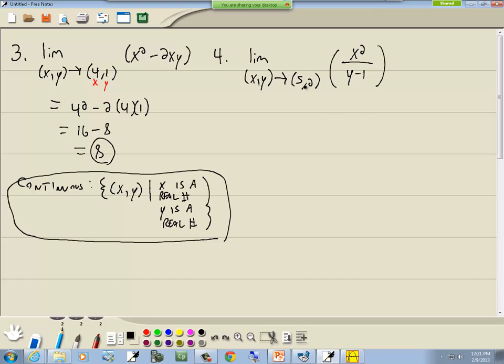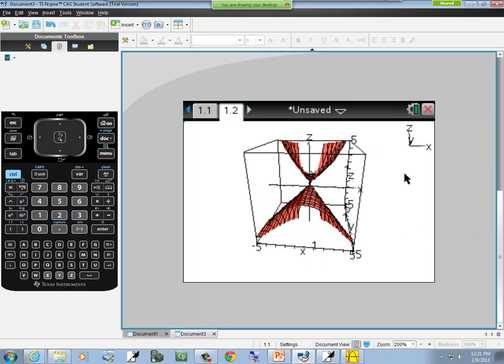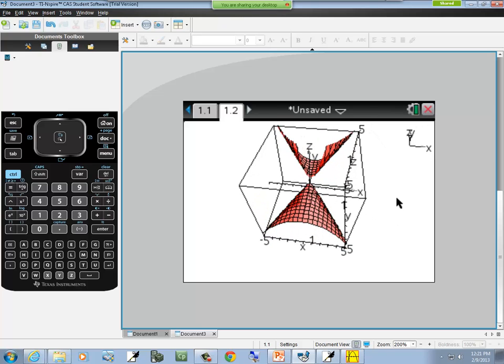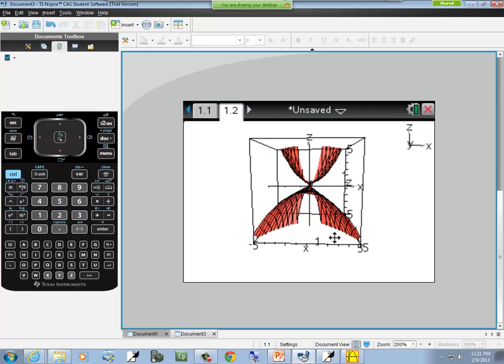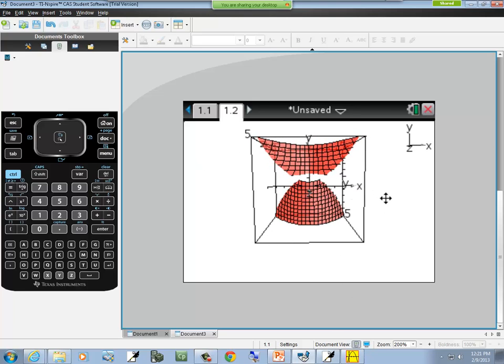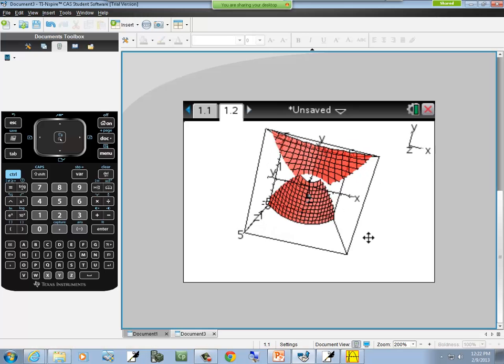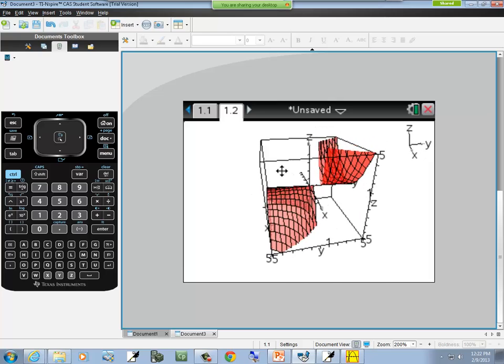So as I look at this, we're studying the limit as x, y goes to 5, 2. Well, if I think where 5 is, 1, 2, 3, 4, 5, so be somewhere over there on the outer edge, and 2, here's looking at it in terms of the x and y, 5 and then 2. It's actually defined there, and I don't see anything that really throws it off for a limit.